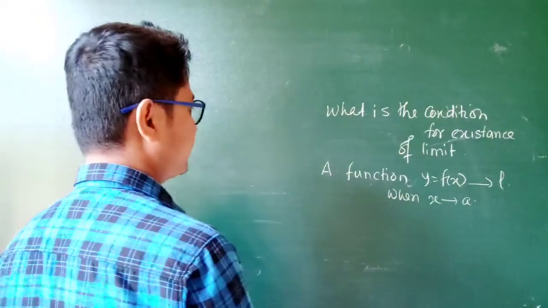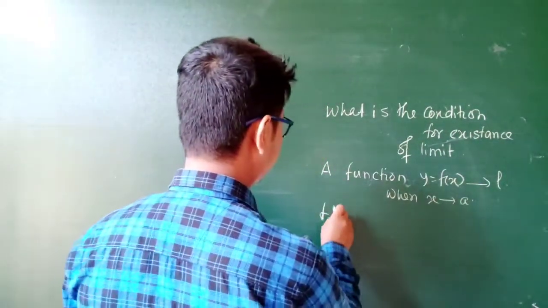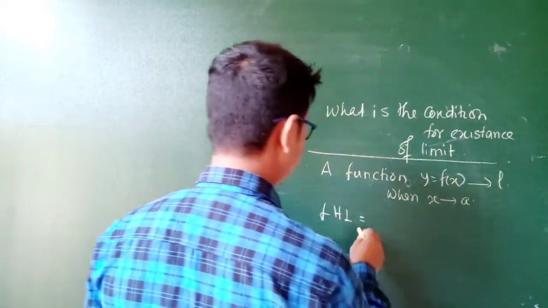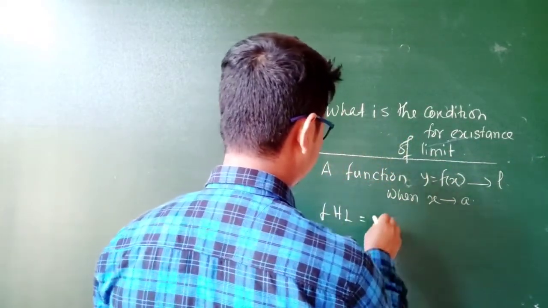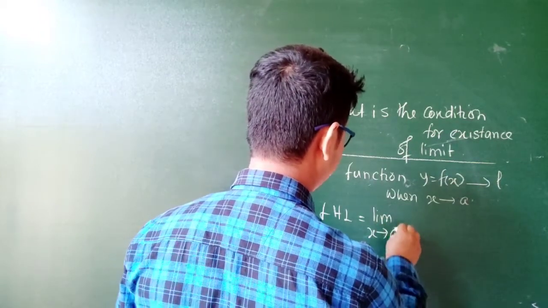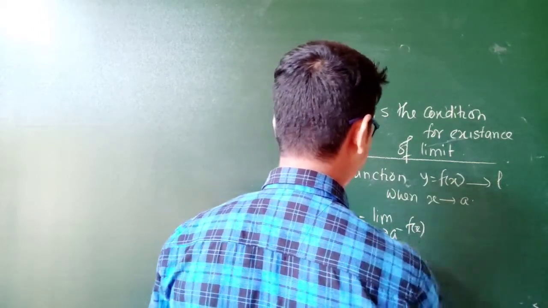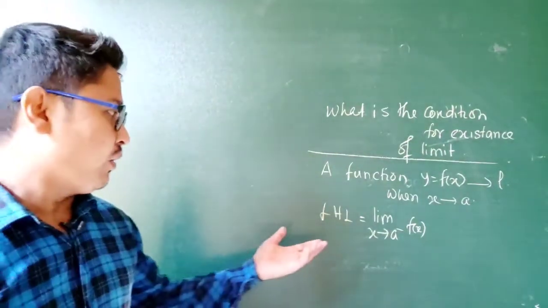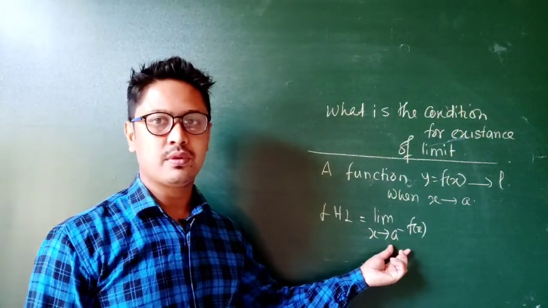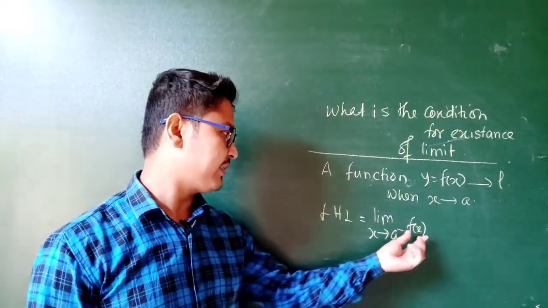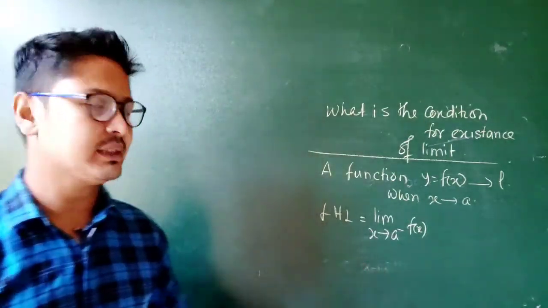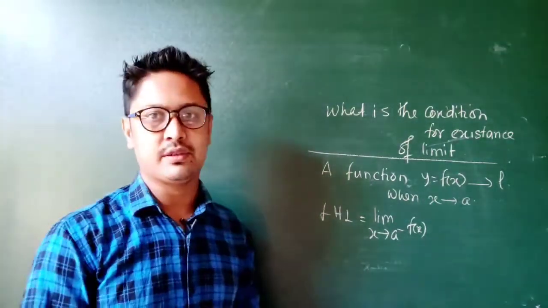Again, we have also learned the definition of left hand limit. The definition of left hand limit is limit x tends to a negative f of x. That means when x is approaching a certain value which is less than a, then the function value tends to a certain value, and this is called the left hand limit of the function at this point x equal to a.